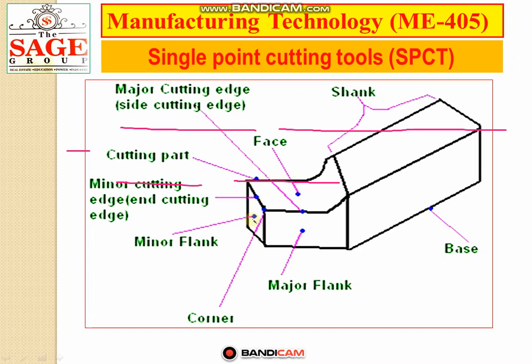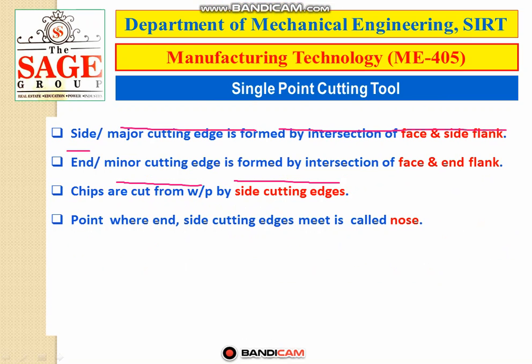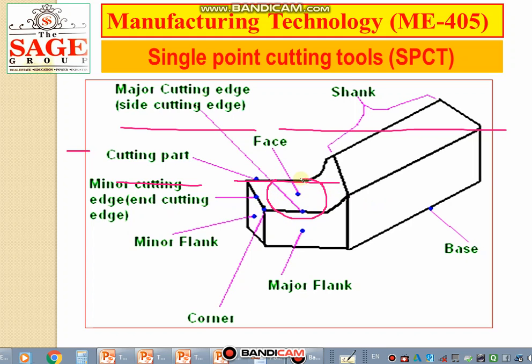This is the side flank, this is the end flank. And the face is the surface on which chips slide, that is the top surface of the tool. During the cutting operation, the excess material in the form of chips flows over this surface.